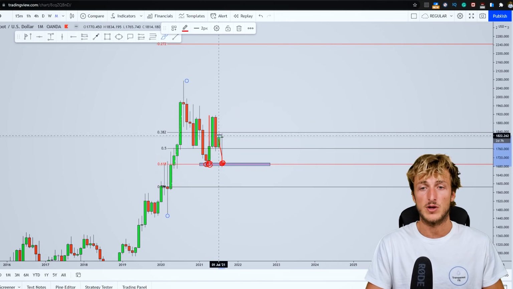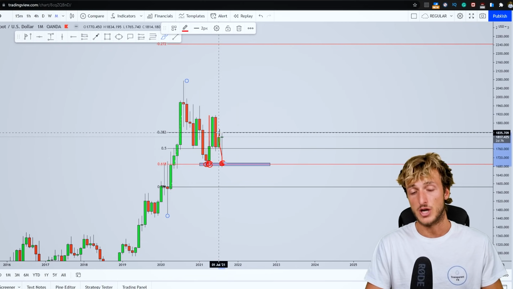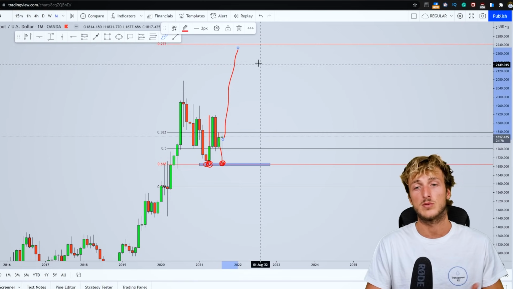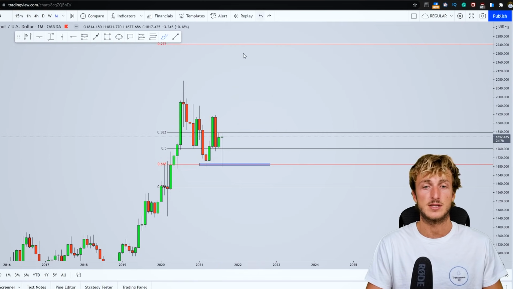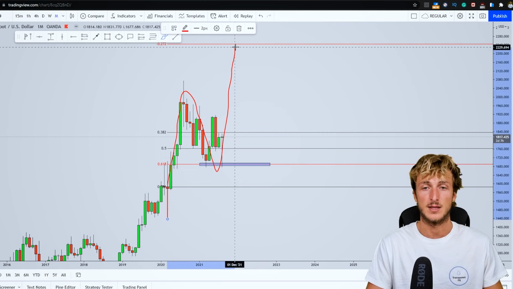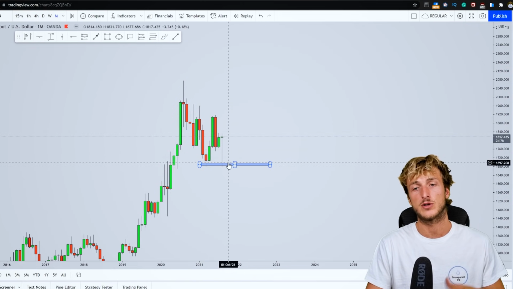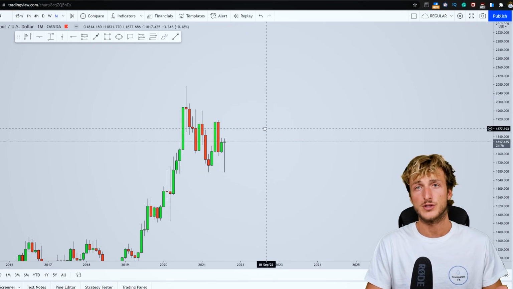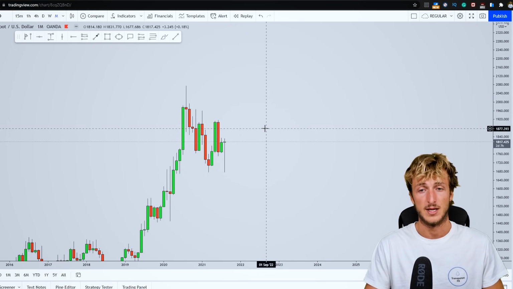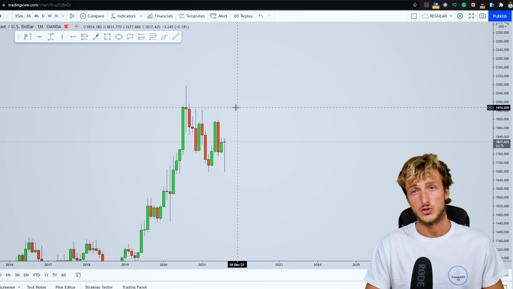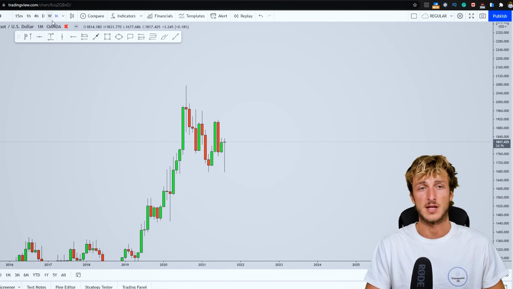So we also have here a double bottom rejection of the 0.618, and there is the potential long-term completion of this impulse, correction and impulse pattern to the upside. So everything seems long-term bullish for gold, also considering that inflation is definitely a topic that is here to stay, and gold as a store of value should appreciate in situations like this.